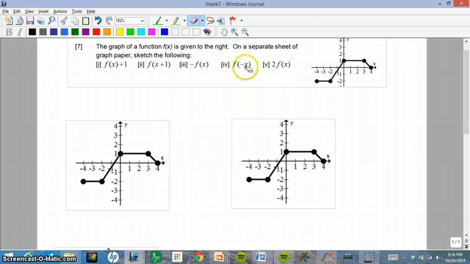F of the opposite of x, or f of -x, we're multiplying the input by -1, which will be a reflection over the y-axis. And last, number 5, 2 times f of x. We're going to double all the outputs, which will correlate to a vertical stretch, as we will see.